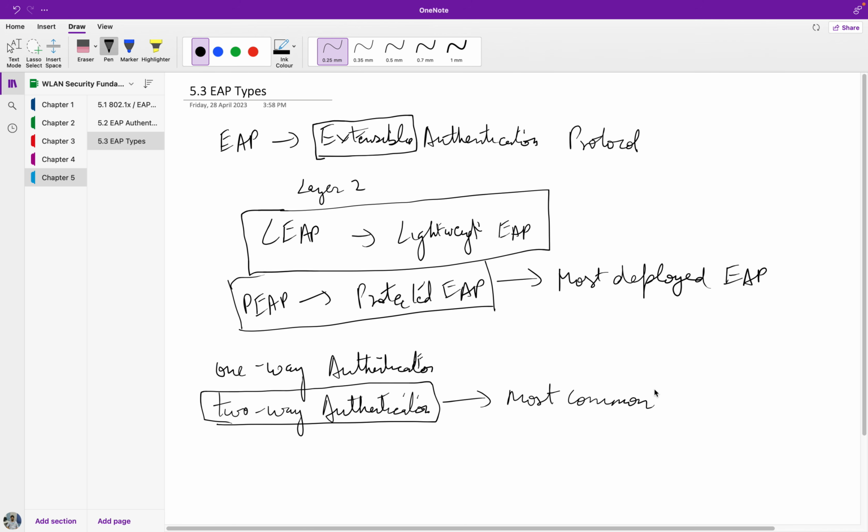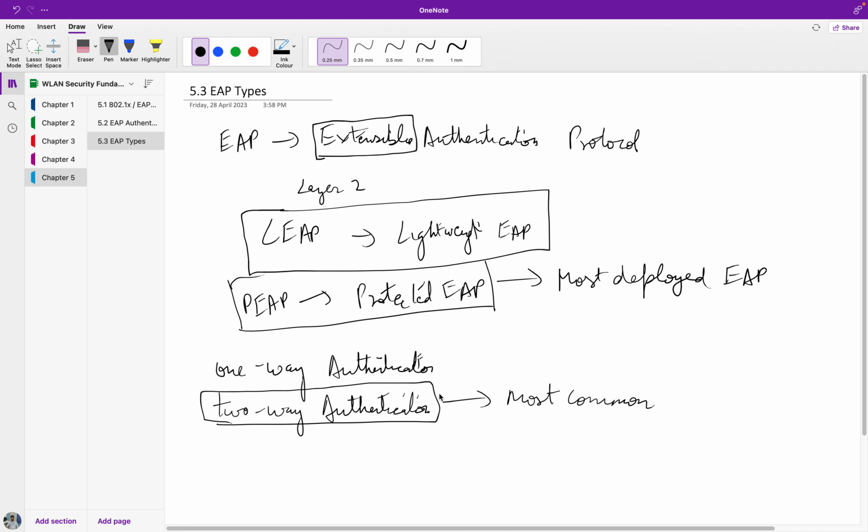In mutual authentication, the client is also going to validate the authentication server.